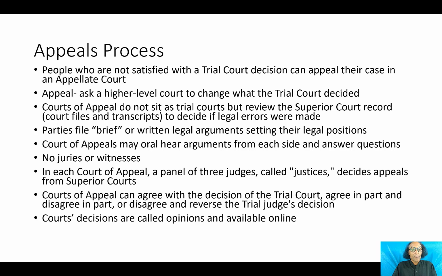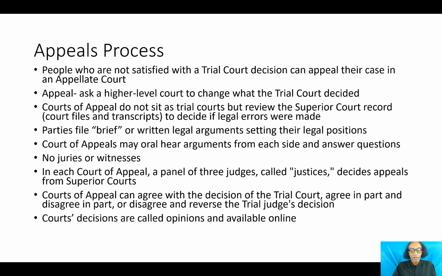Now, in the appeals process, the way things work is that the parties will file a brief. That would be a legal document known as a brief, wherein they set out their legal arguments and their legal positions.